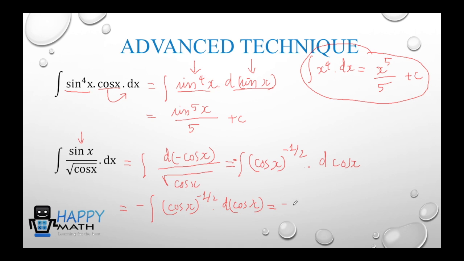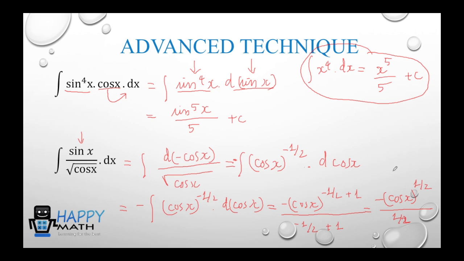So the final result will be cos x power minus 1 over 2 plus 1 divided by minus 1 over 2 plus 1, and it will become minus cos x power 1 over 2 divided by 1 over 2.